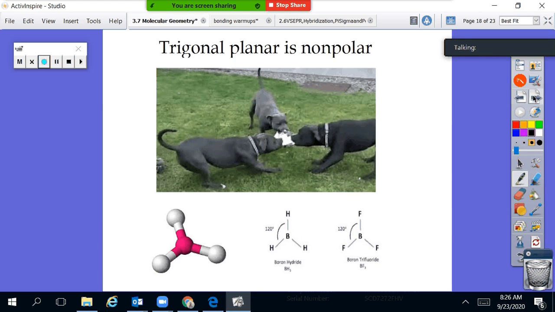I like showing this one for a trigonal planar to make sure people understand it is nonpolar, and I like showing the scenario with the dogs pulling in equal and opposite directions. These dipoles also cancel each other out.